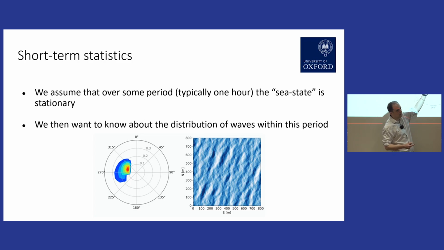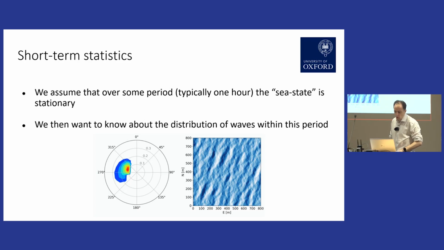Most of the energy is concentrated around one particular direction. That's typically what we get. It's a bit lopsided out here, but that will often be the case, and that results in some individual waves which will look like this.